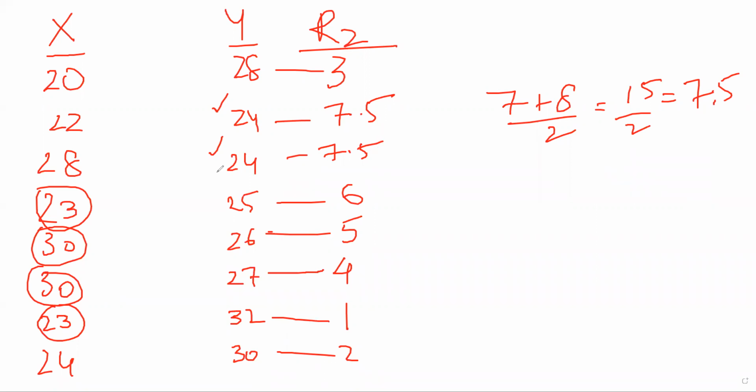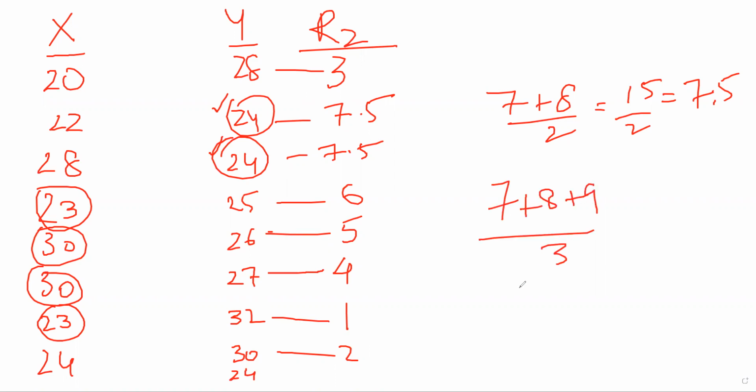Let us suppose instead of 2, there were 3 values of 24. Imagine the 9th term was also 24. So in that scenario, I will do 7 plus 8 plus 9 divided by 3.